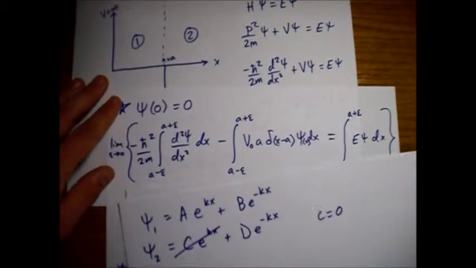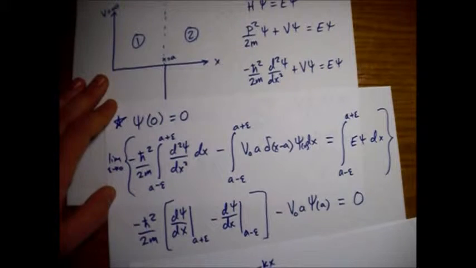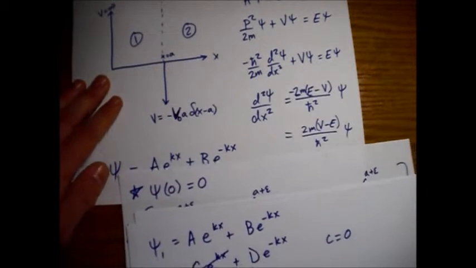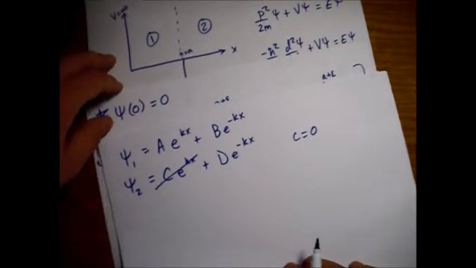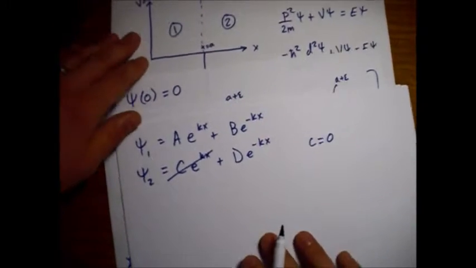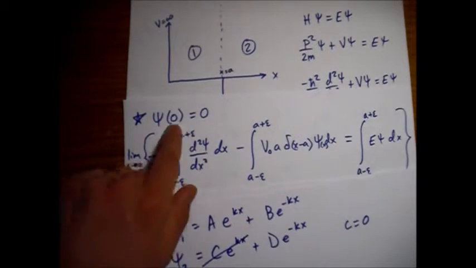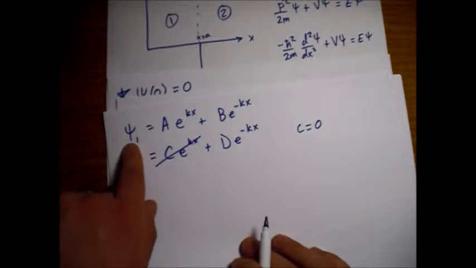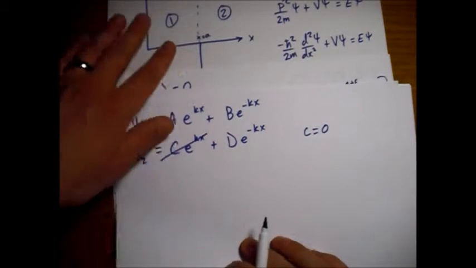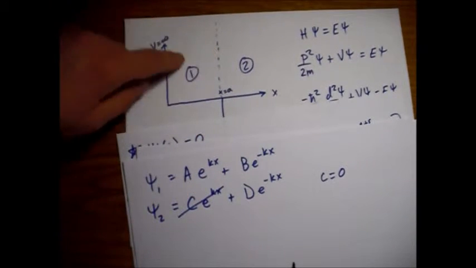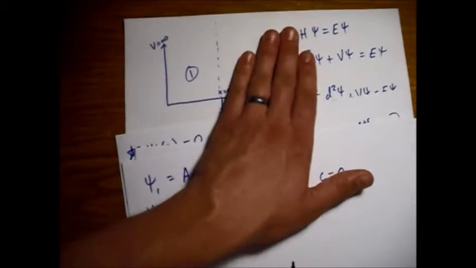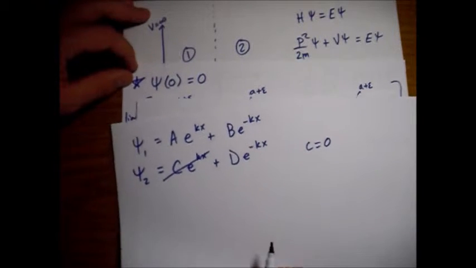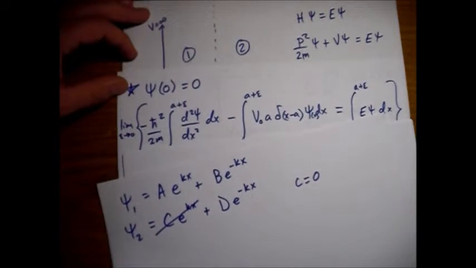All right, what else do we know? Let's work on this boundary condition right here. That pertains to psi 1, which is our piece of the wave function in this region. This one presumably doesn't even know about this wall here, except when it comes to normalization.